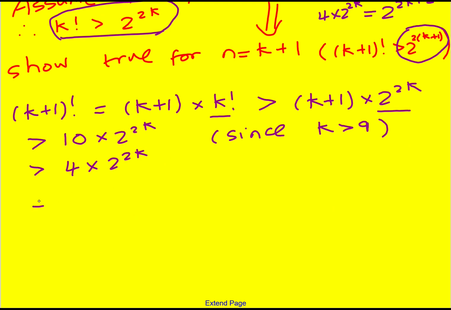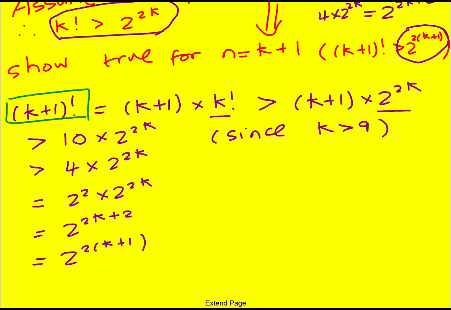But that there is then equal to 2 squared times 2 to the 2k, which is equal to 2 to the 2k plus 2, which is equal to 2 to the 2(k plus 1). And when I put it together, I have shown that k plus 1 factorial is greater than this here. It doesn't matter that I got equals later on.